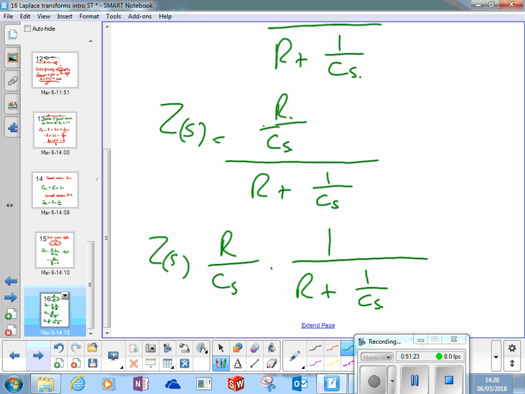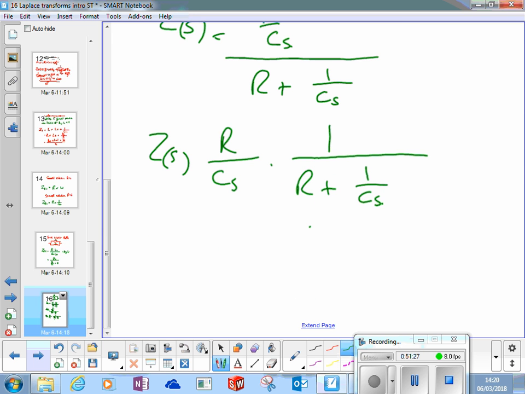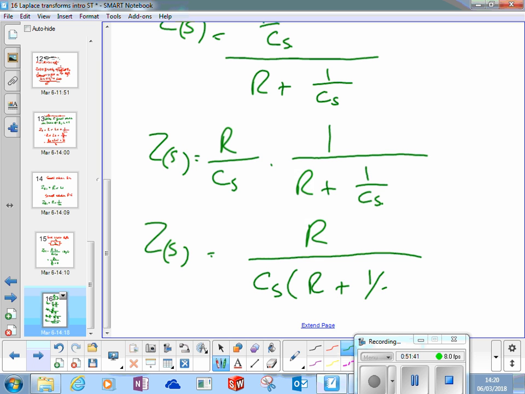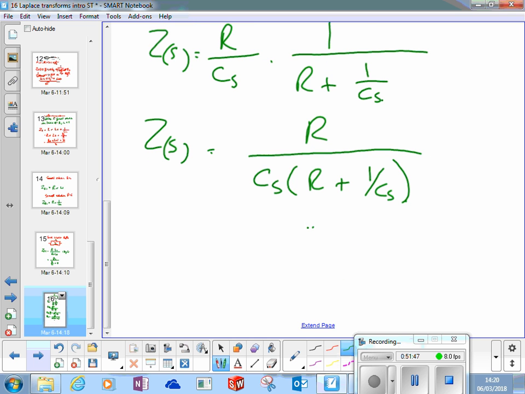Turned that bottom fraction upside down and multiplied to do the division. That becomes R on top, CS times R plus 1 over CS in brackets. And then multiply the brackets.